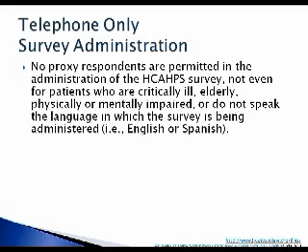But we are not under any circumstance allowed to take a proxy's responses. So that's more or less no proxy responding to the survey.